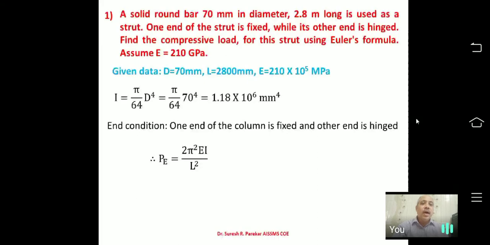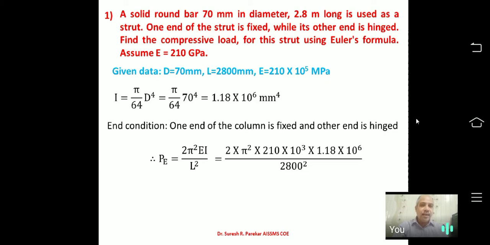Here, if you remember, my effective length is L upon root 2. For one end fixed and the other hinged it is L by root 2, for both ends fixed it is L by 2. So you have to keep that in mind. We have 2 pi square EI upon L square, and if you put these values of E, I and L, you get the value of P E as 623.9 into 10 raised to 3 newtons, which is 623.9 kilonewton.